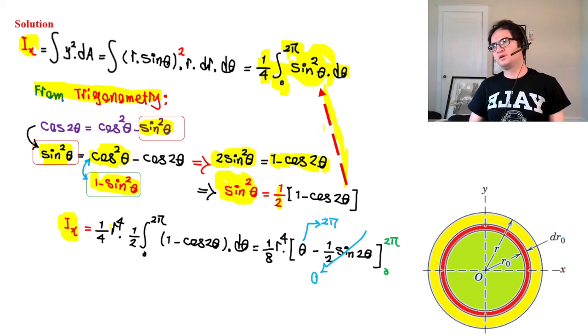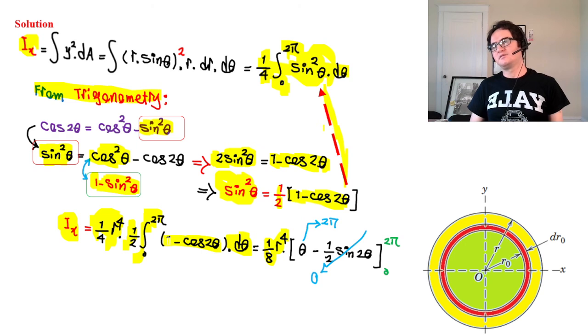If we replace sine squared theta in this equation, we again have a quarter of r to the power of 4. Take 1 half out before integration, then integrate from 0 to 2 pi of 1 minus cosine of 2 theta d theta. So 1 fourth times a half is 1/8 of r to the power of 4.